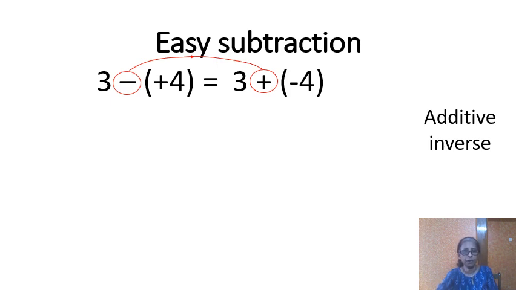So you take the additive inverse of +4 and write here as -4. So listen to that. You are first changing subtraction to addition form, and then taking the additive inverse of the next number and putting that. And then you do just like how you do the ordinary addition.